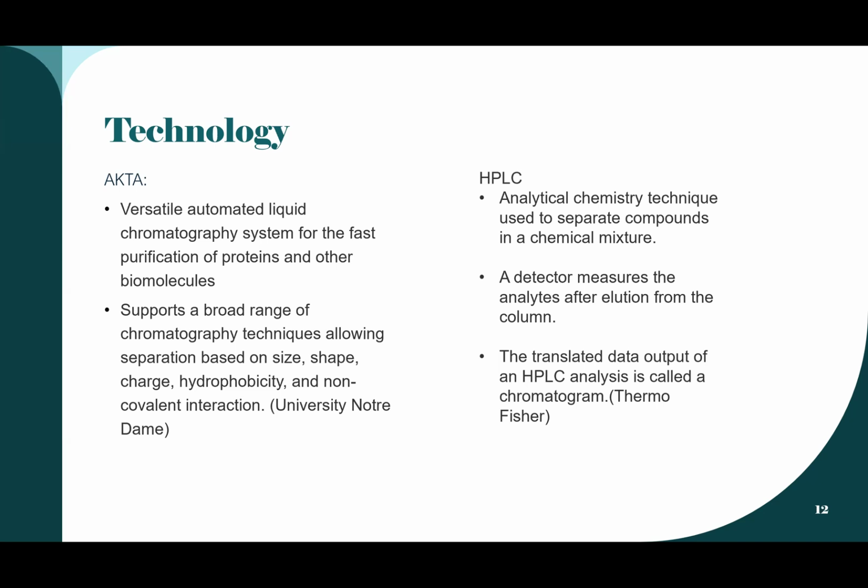It's used for the fast purification of proteins, peptides, and other biomolecules. A wide range of things can be done with an ÄKTA, but in my lab, we use it for the purification of proteins. It essentially utilizes the chromatography technique, allowing separation based off of the size, the shape, the charge, very many aspects of the protein of interest that it'll take into account.